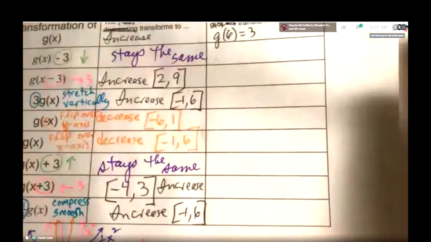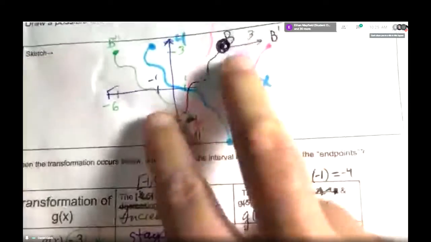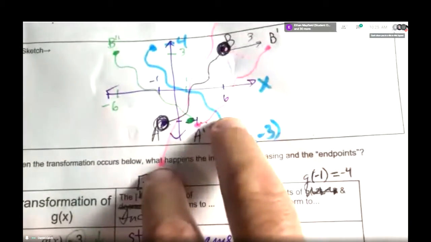All right, so let's talk about what happens to the endpoints. And what I mean by the endpoints is I'm referring to the original points here, this fat point here, and this fat point here. Okay, so the first one is down 3 units. The x values do not change. Everything moves down 3 units.